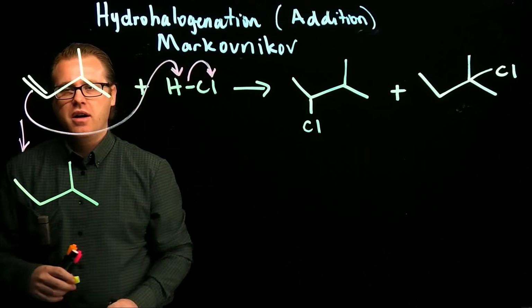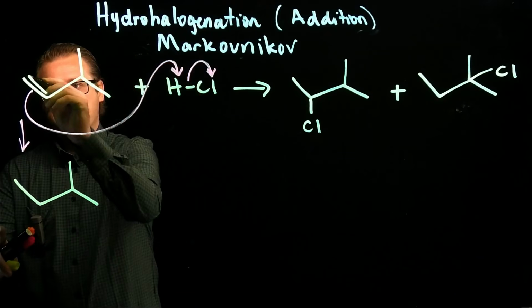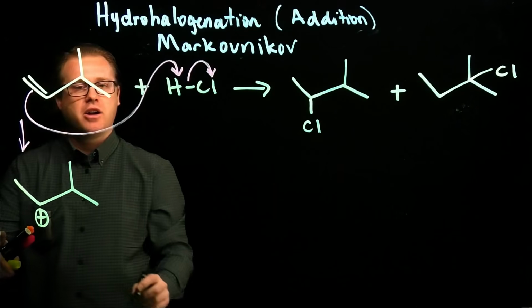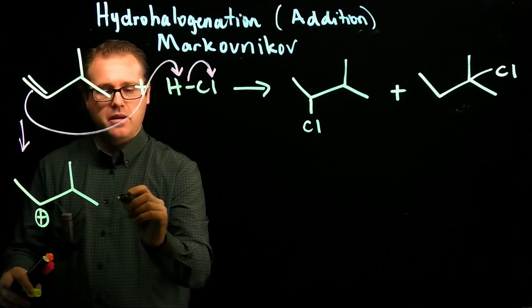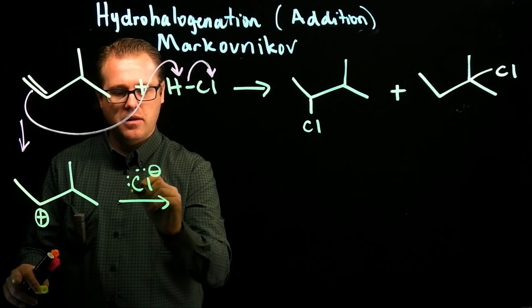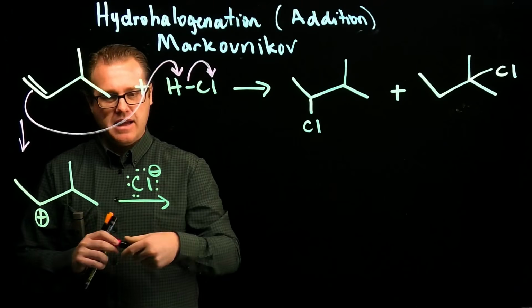Where does Markovnikov say to place the hydrogen? On this carbon. So that would make this a secondary carbocation, right? And then we would have our chloride, and that can come in and attack the carbocation.